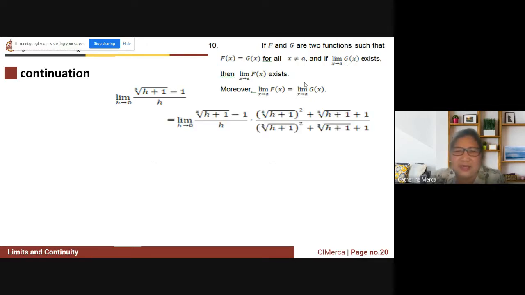The cube root of h plus 1 minus 1 can now be multiplied with the following. Medyo walang 2, no? Dapat ang formula is like this. You have u, pero almost correct na. You have u cube, ang formula kay u cube minus v cube equals u minus v, okay?